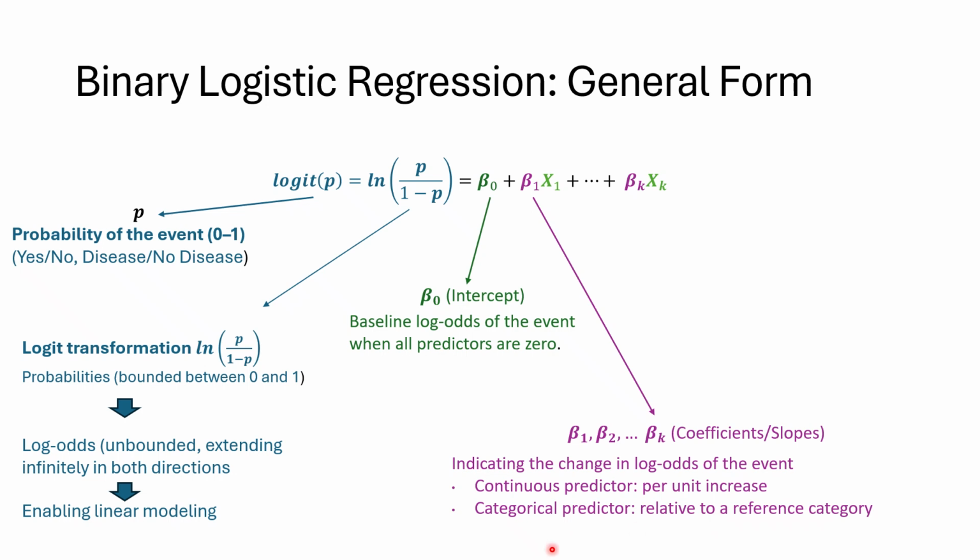If our variable is a categorical predictor, then it will be the value in relation to the reference category. For example, if our reference category is female, it will give us the value for the males.